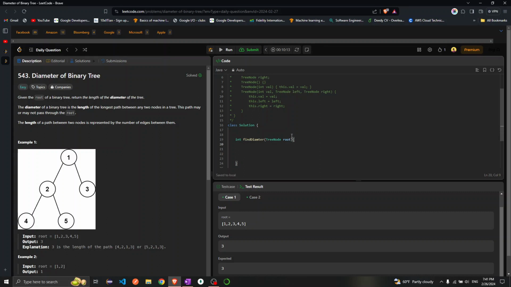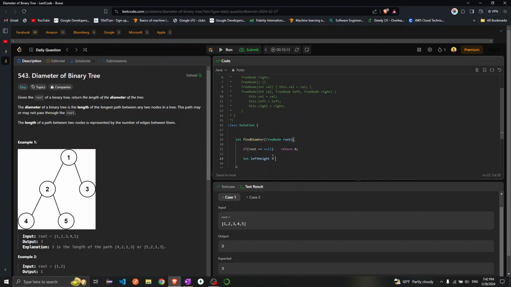So what I said, when my root is equal to null, my answer is always zero, right? When we don't even have this root node, the diameter is always zero, right? So that's the base case. And what I said, we need to get the left height.